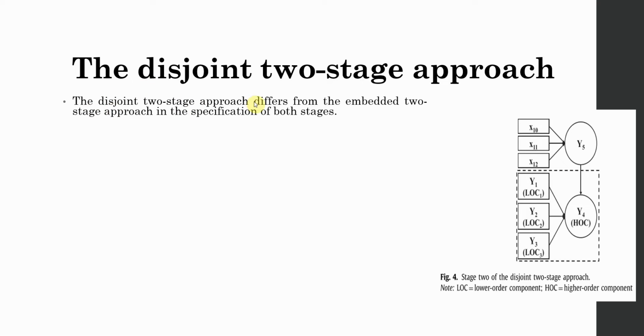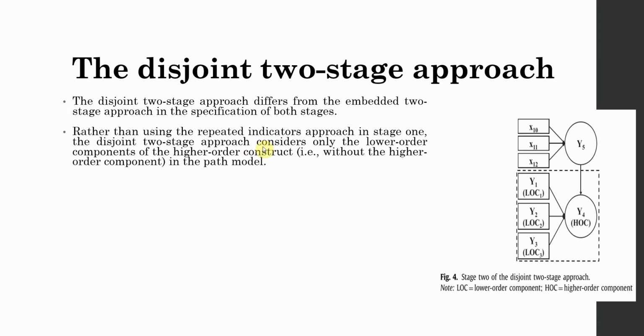Now, the disjoint two-stage approach differs from embedded two-stage approach in the specification of both stages. Rather than using the repeated indicators approach in stage 1, the disjoint two-stage approach considers only the lower order construct of the higher order construct without any higher order construct in the path model.